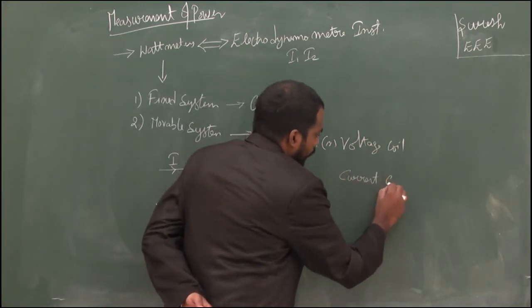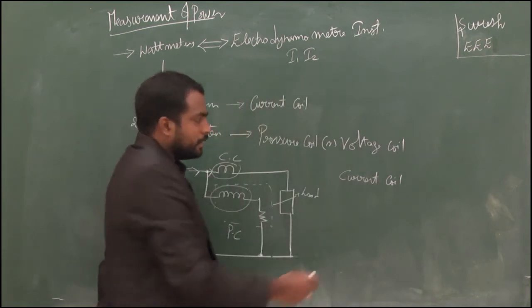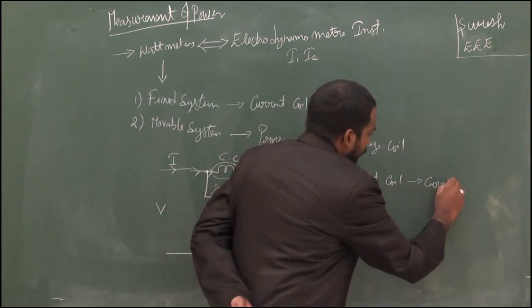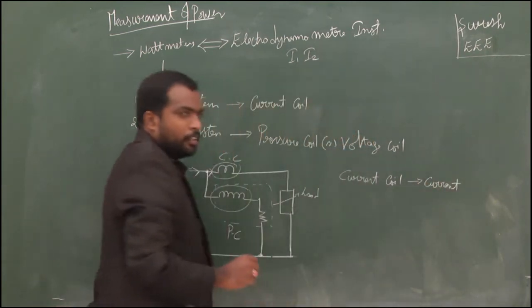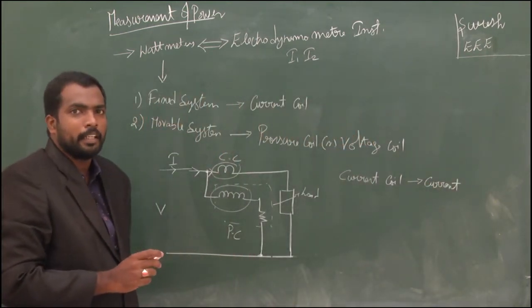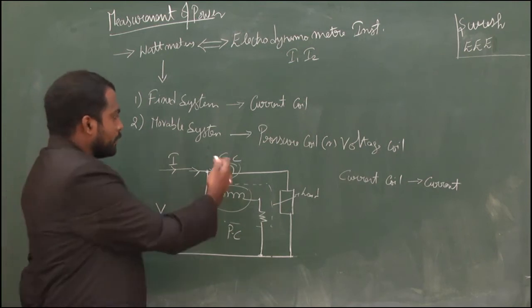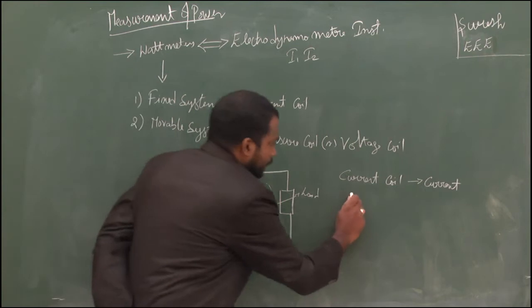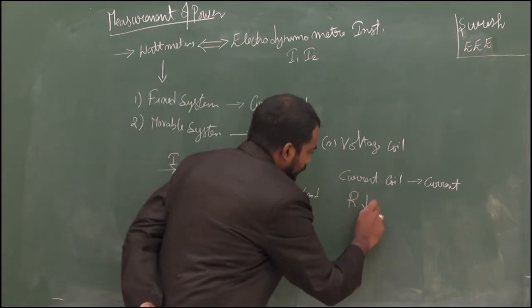The current coil generally measures the current. In order to measure the current, the main criterion is that the resistance should be very less. Why?